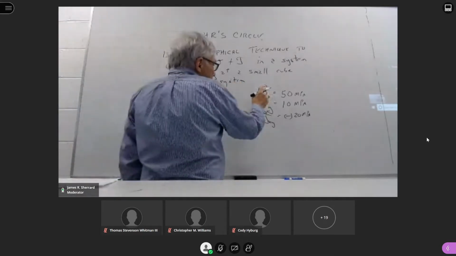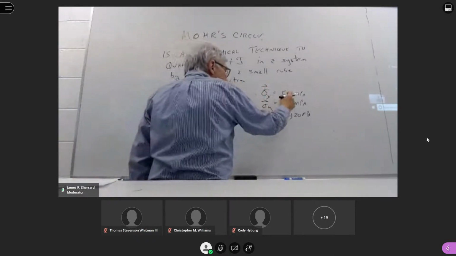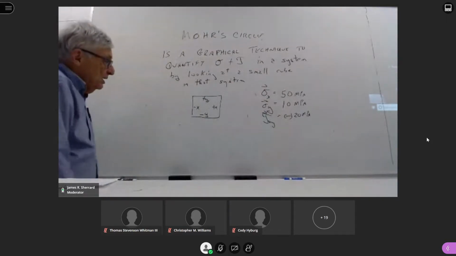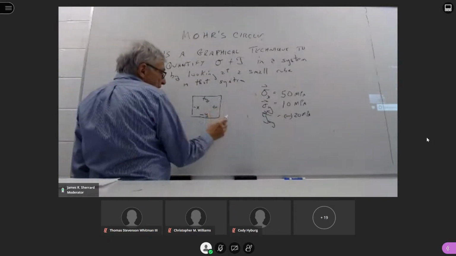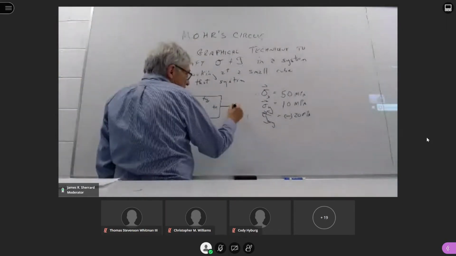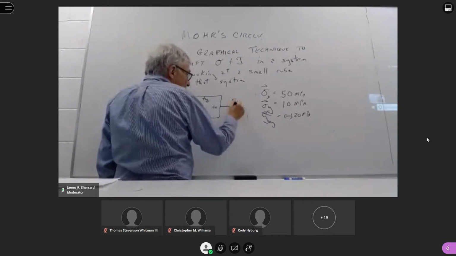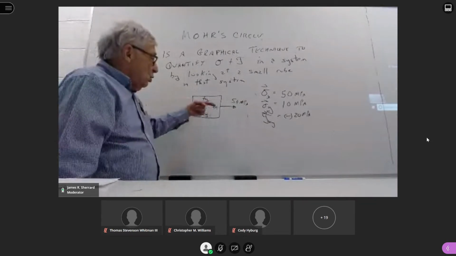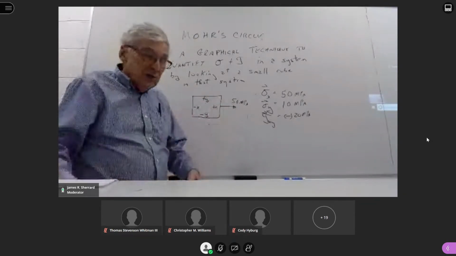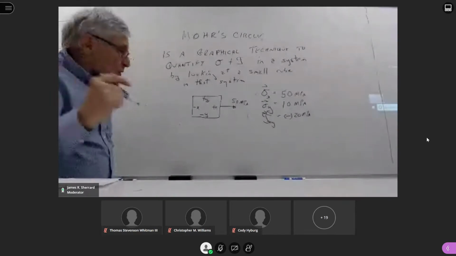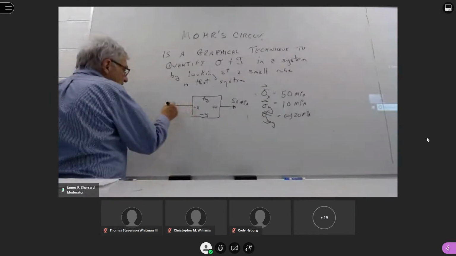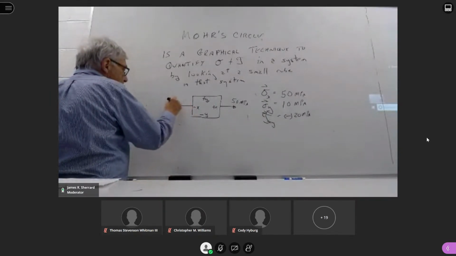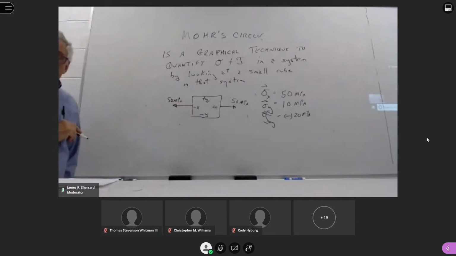So it says sigma x plane stress is plus 50 megapascals. So I know on my plus x face, I can sketch in that value, 50 megapascals. It's going in that direction because it is plus. Because of equilibrium, I know that I have to have that exact same value on the backside.